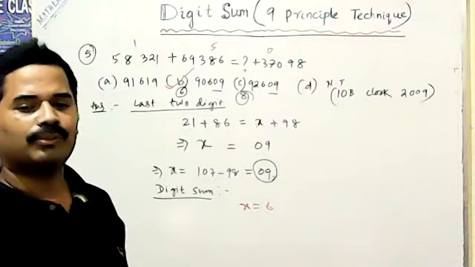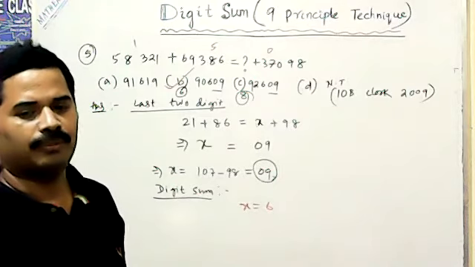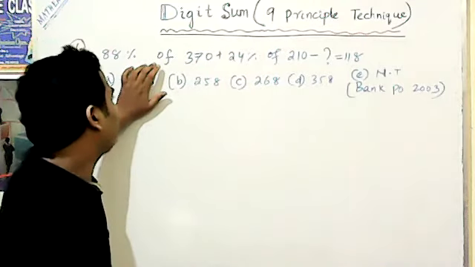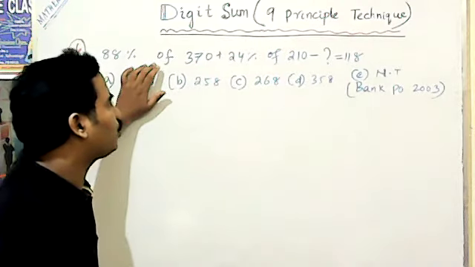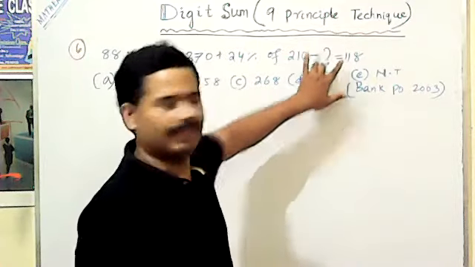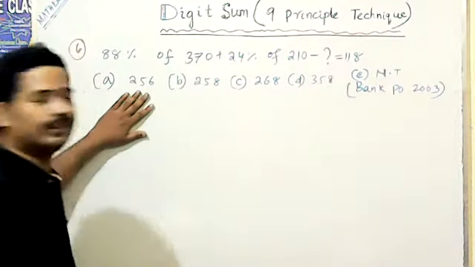Now another question: 88% of 370 plus 24% of 210 minus question mark equals 118. Which option is correct?